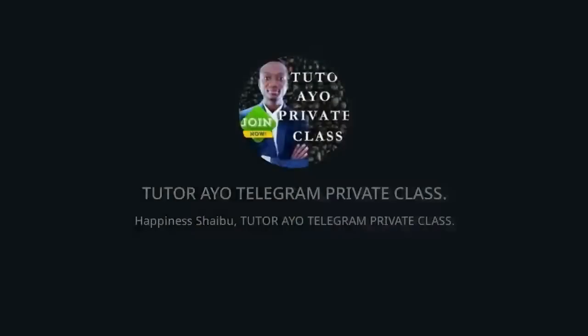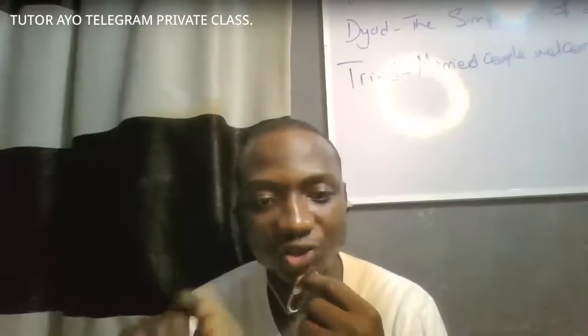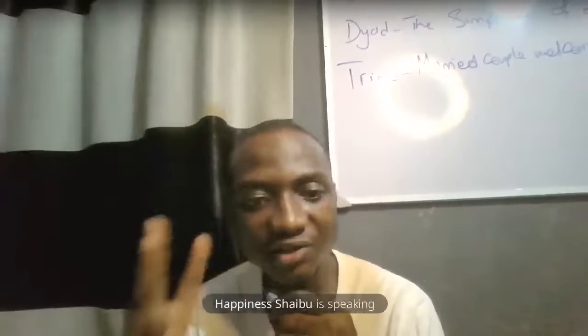Now, this computer software, or computer software system, is divided into three. Are you with me? Computer software or system software, whichever you want to put it, is divided into three.